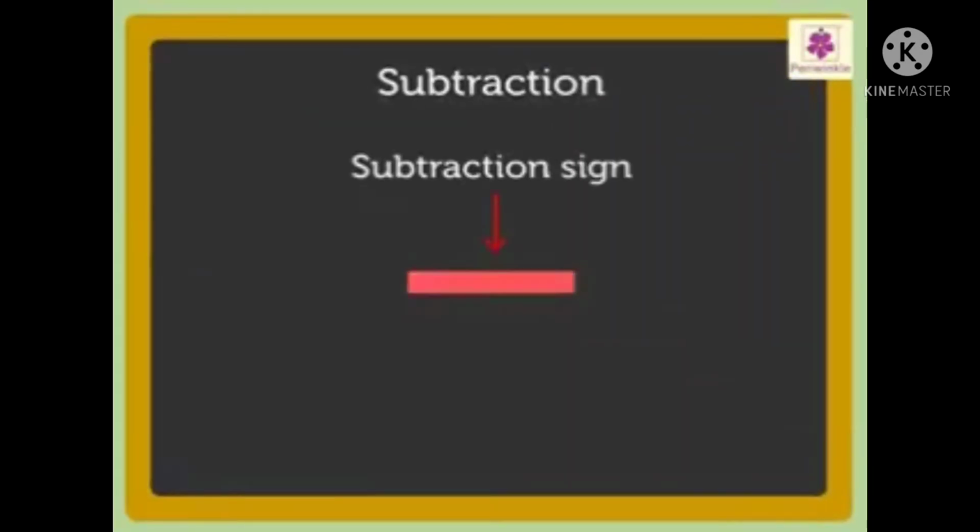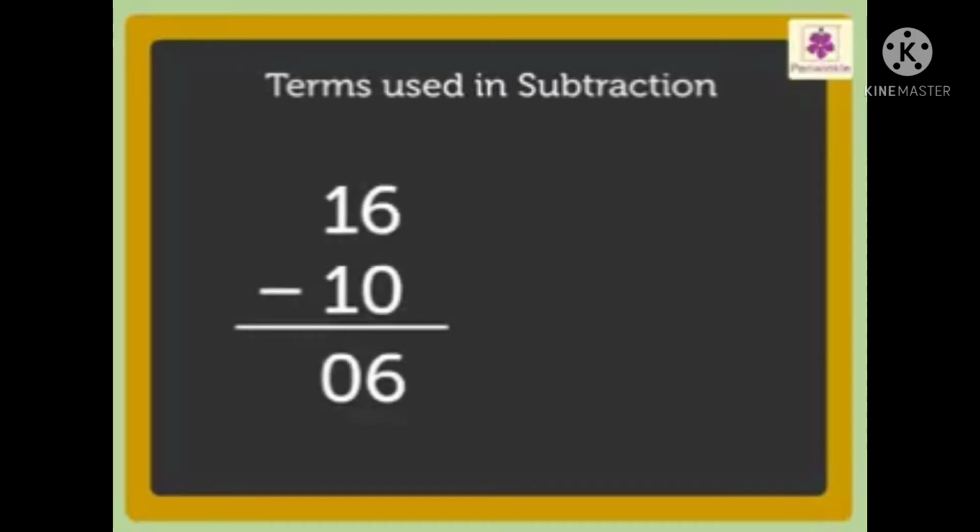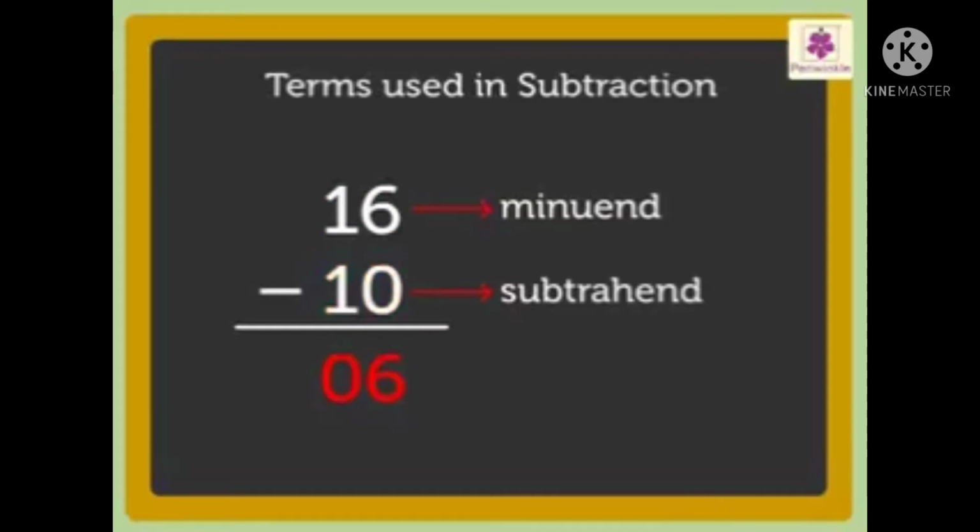We use the subtraction sign to write the subtraction sentence. Do you remember the terms used for the numbers in subtraction? Yes, the number from which the other number is subtracted is called the minuend. The number that is subtracted is called the subtrahend. The answer we get after the subtraction operation is called the difference.